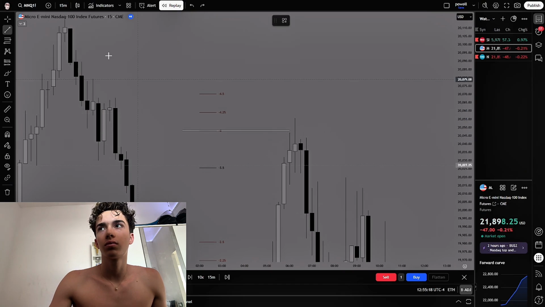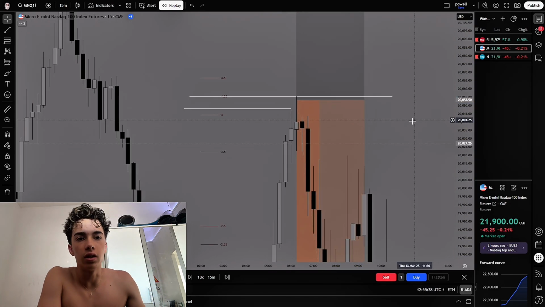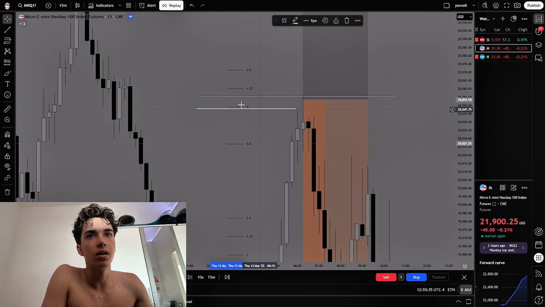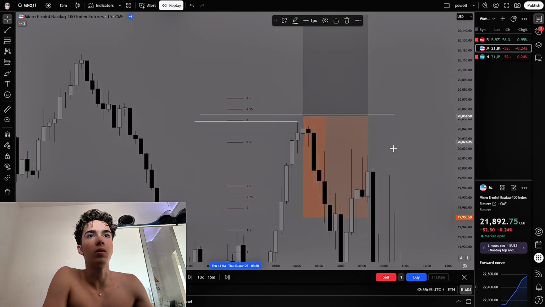So let's say like this, and we enter on the next level. I made this just to let you know that it's also good if the engineered liquidity candle closes below the level. We aim directly not at the -4 but at the actual next level, not the one close to the engineered liquidity basically.